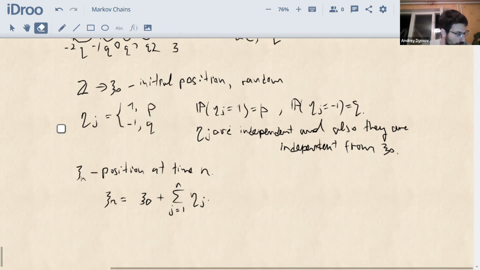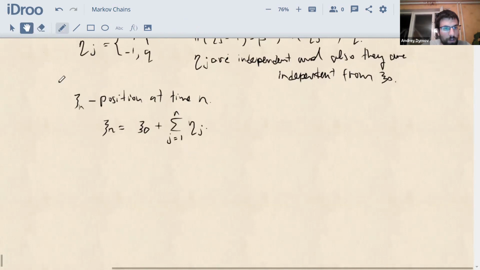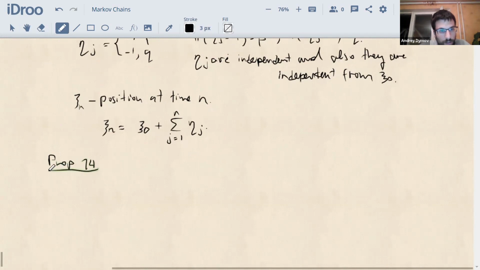And proposition 14: the random process xi_0, xi_1, etc. is a Markov chain. So proof.